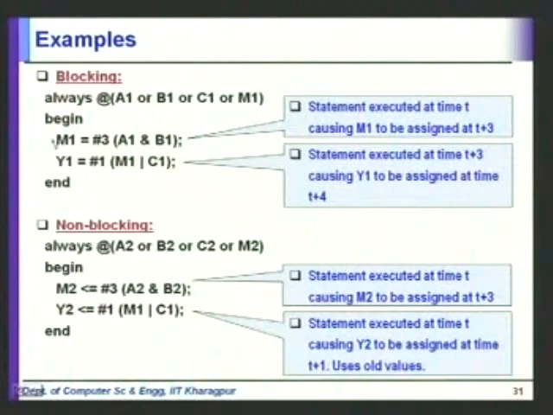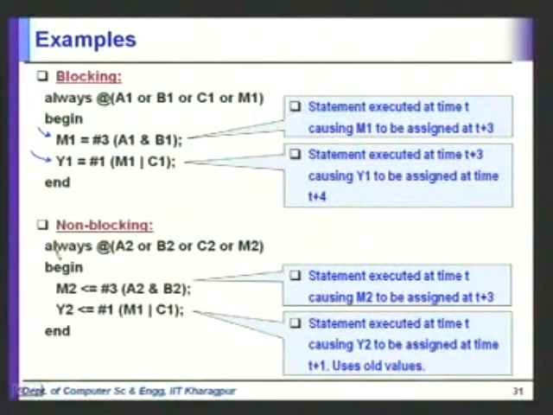At that time t, the evaluation of this statement starts. But remember that it cannot pick up the values of A1 and B1 at that time step, because there is a #3 sitting here, right. So M1 is assigned at time t plus 3. Then after this is complete, this statement execution starts at t plus 3 and Y1 is assigned at time t plus 4. Is that clear?